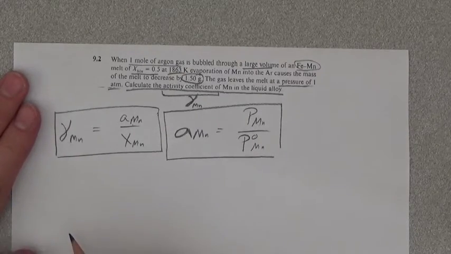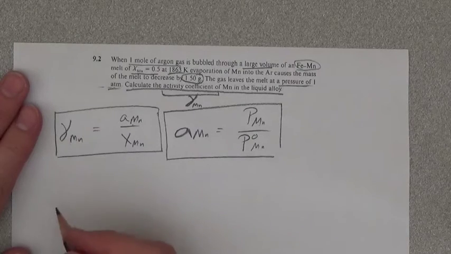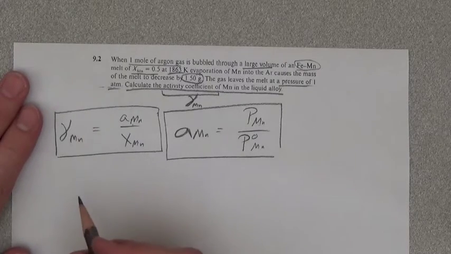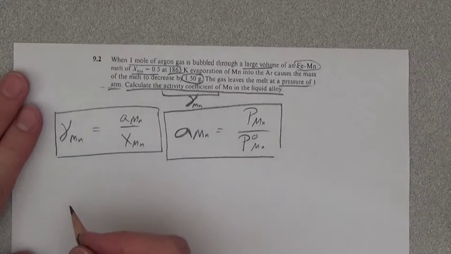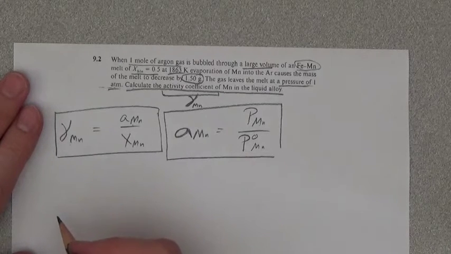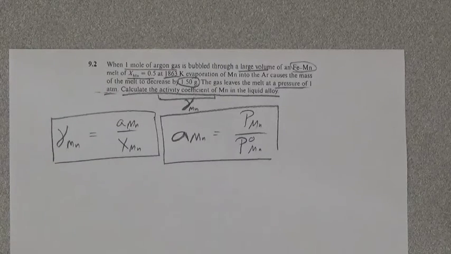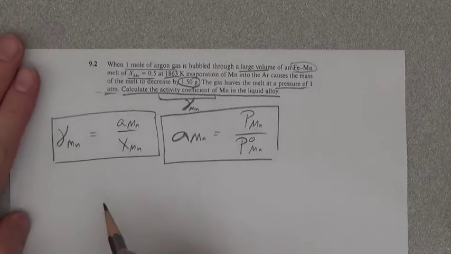If you go back to your textbook, there's a table in the back that gives us the partial pressures of species over top of a liquid, a pure compound or pure element.